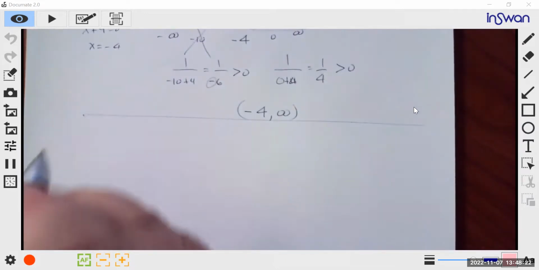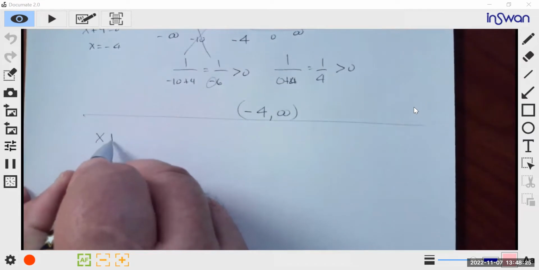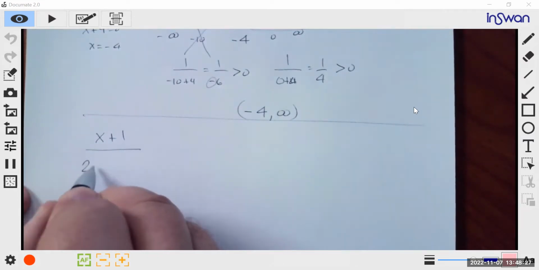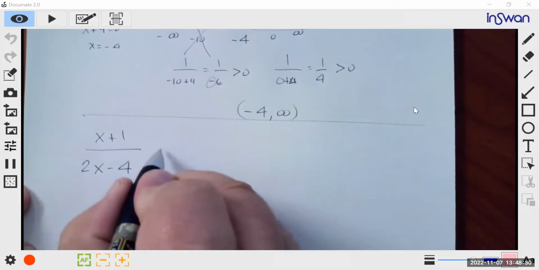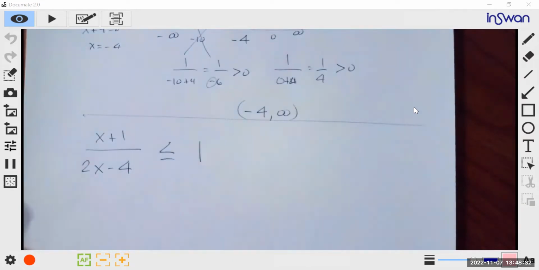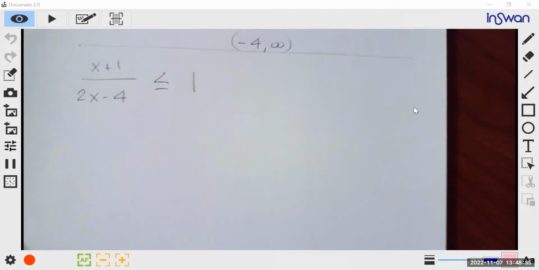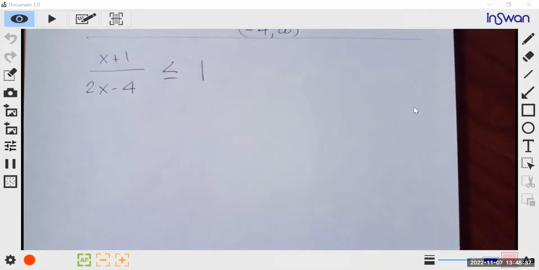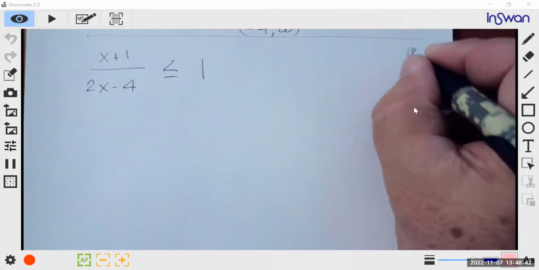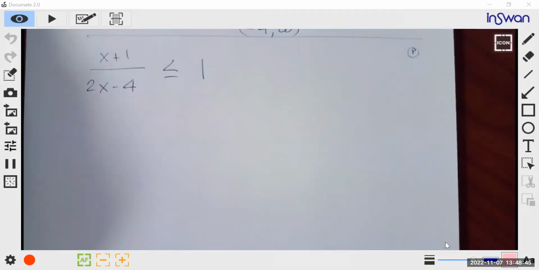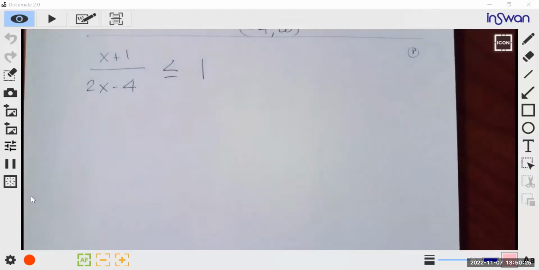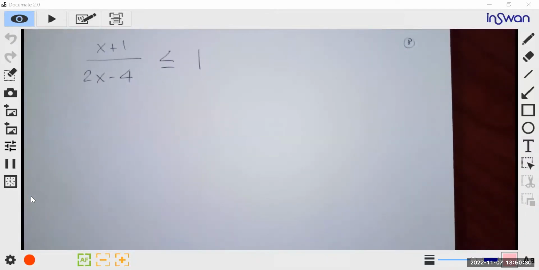All right, let's try a bigger one this time. We haven't worked one of these out yet, so you won't see it in your notes. What's the first step? What does it have to be set to?